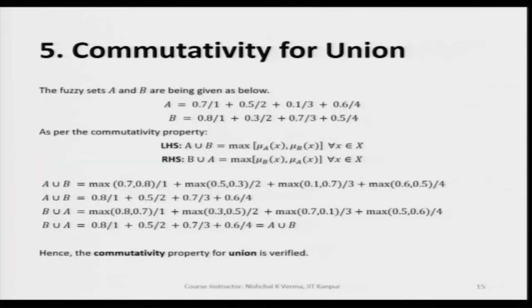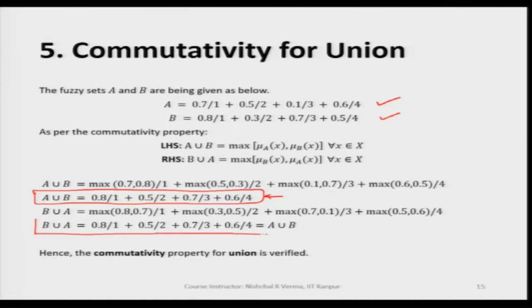Here we have discrete fuzzy set A and discrete fuzzy set B. If we find the A union B of the two discrete fuzzy sets, we get this, and when we take B union A, we get this as the outcome.